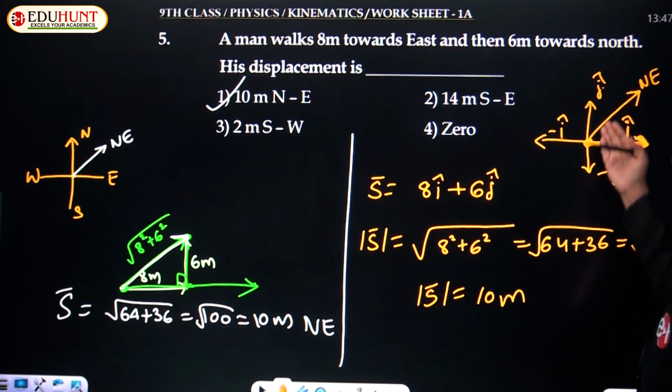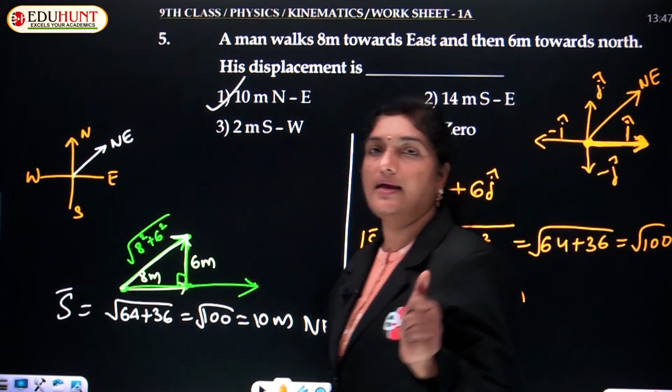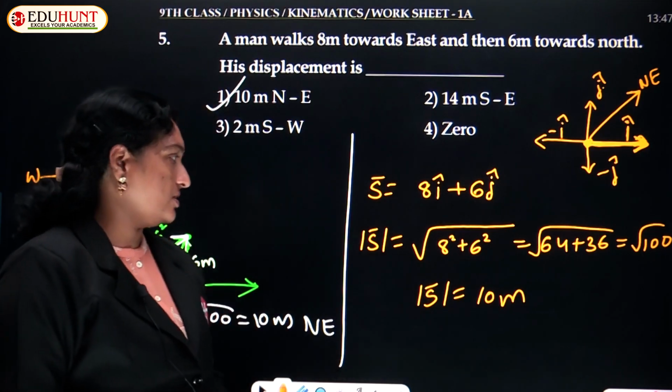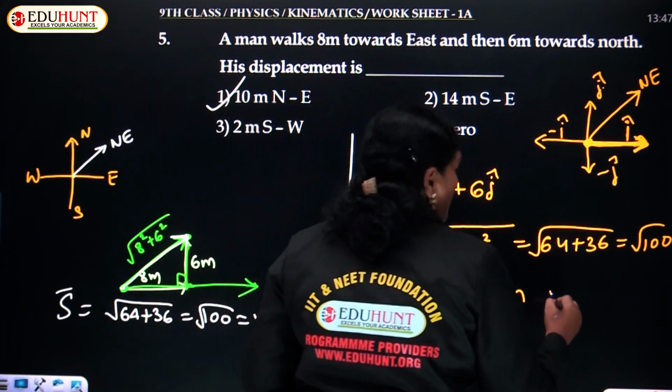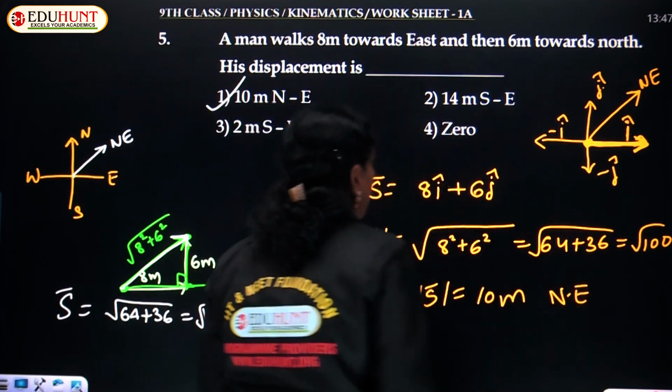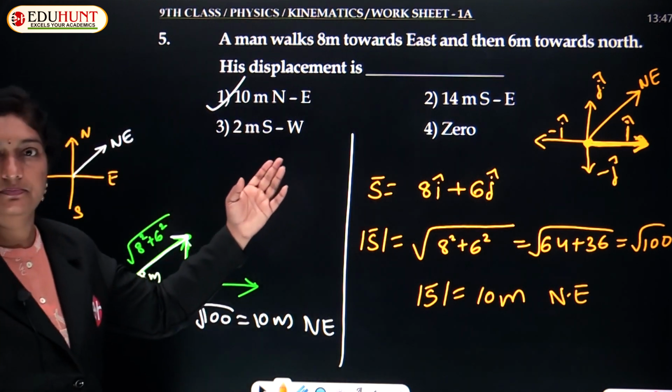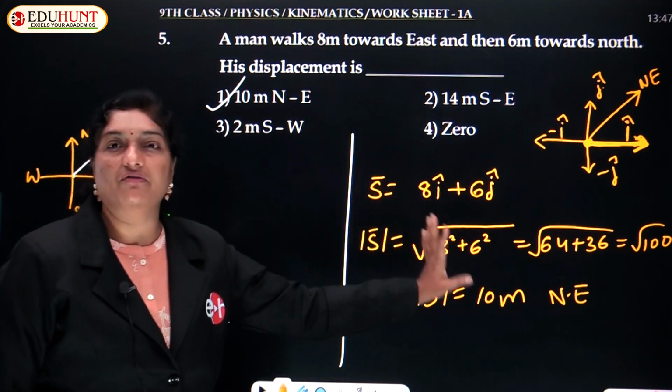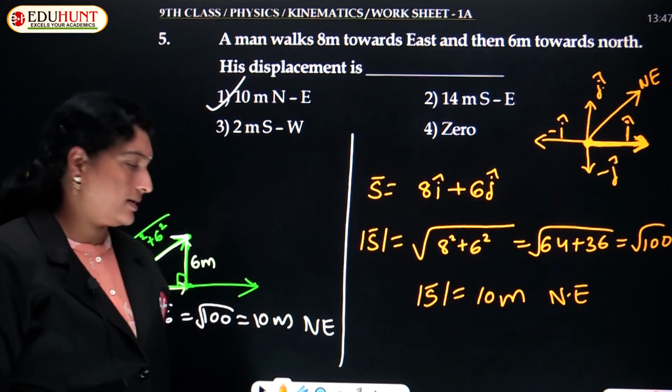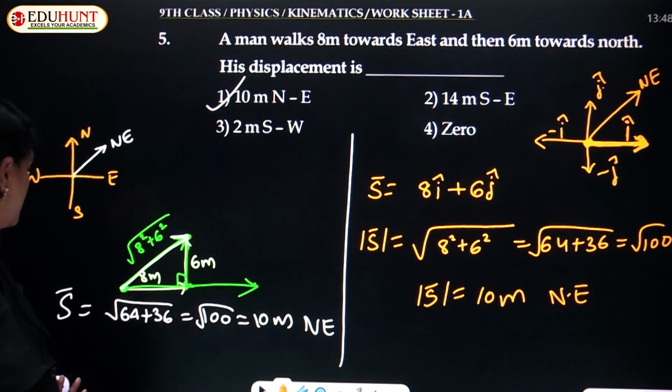So, positive xy plane indicates the first quadrant, and in that first quadrant, northeast direction. So, 10 meters northeast direction. The same answer. So, this must be the proper way of solving the numerical. So, shall we move to the next one, children?